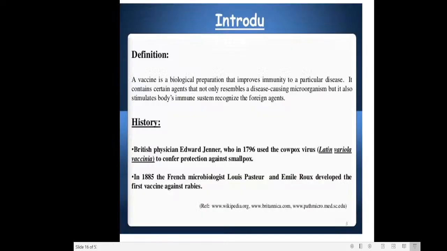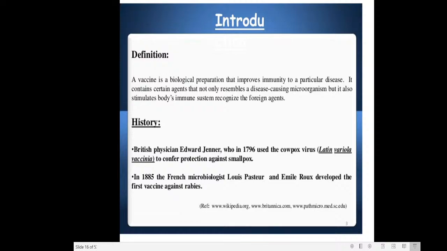The next concept is vaccine production. In the history of vaccine production, first was Edward Jenner, we all know. He is a physician. He produced the vaccine for the cowpox virus.